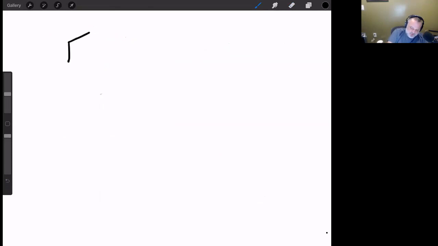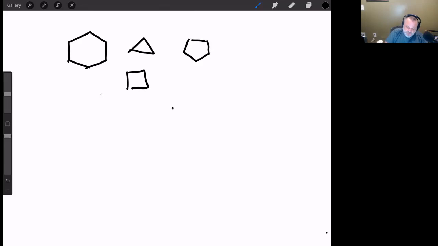Well, I can draw cyclohexane in the shape of a hexagon, cyclopropane in the shape of a triangle, cyclopentane in the shape of a pentagon, cyclobutane.